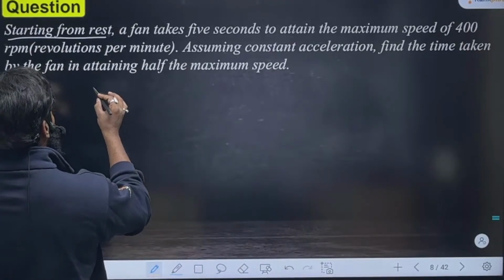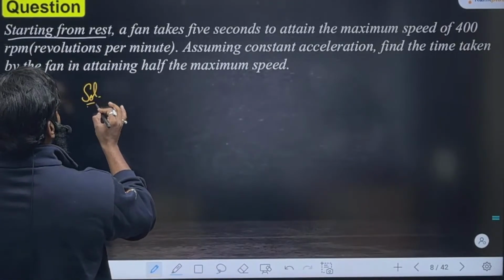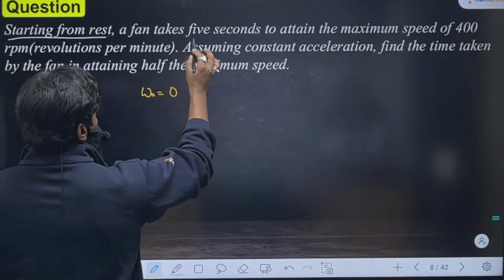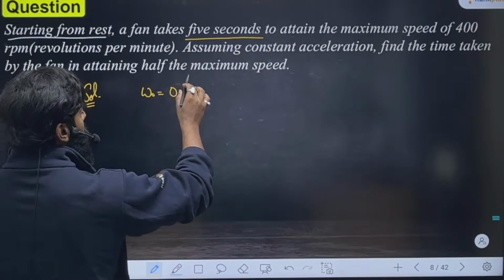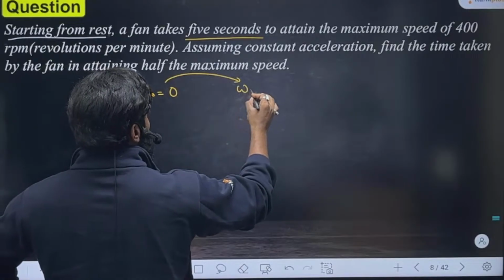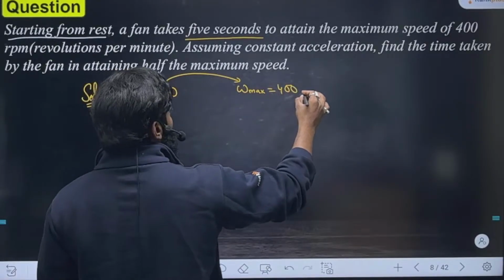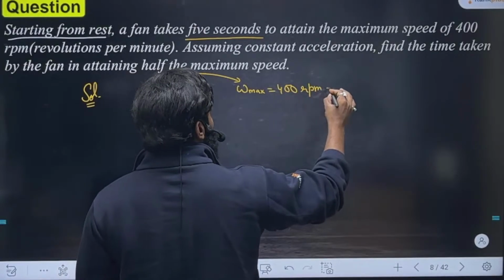Here, starting from rest, that means omega naught is equal to 0, it takes 5 seconds to attain the maximum velocity. The maximum velocity is 400 RPM. RPM is basically revolution per minute.